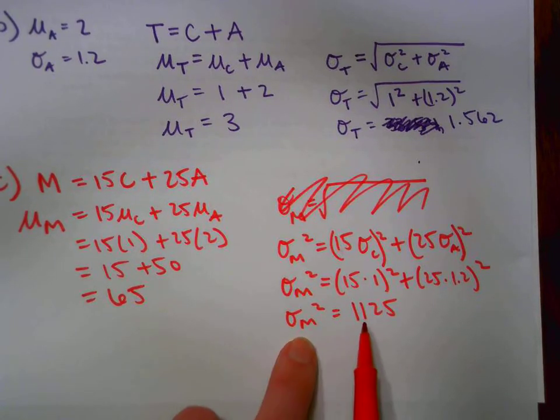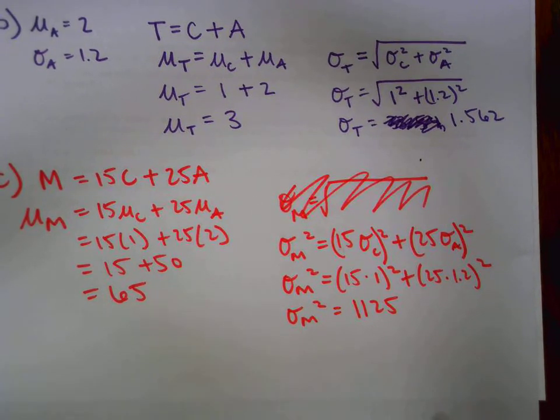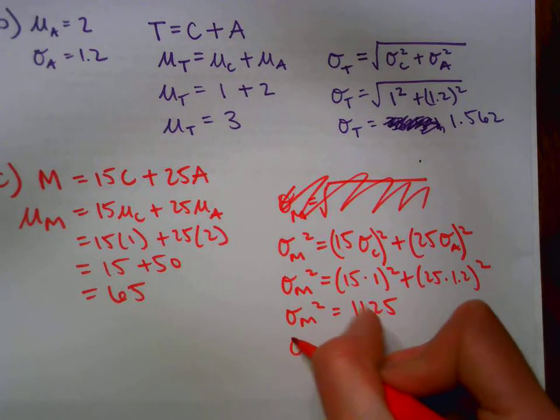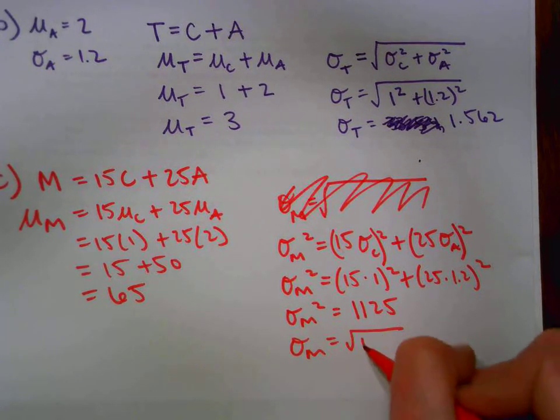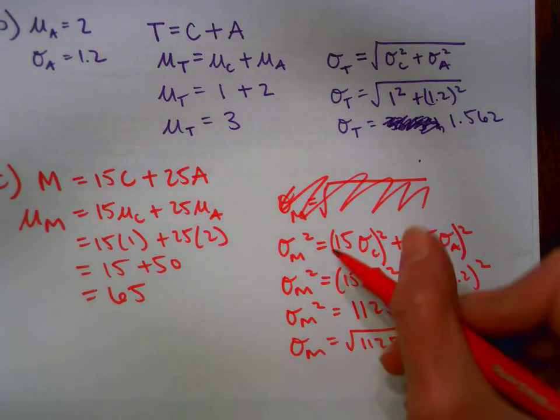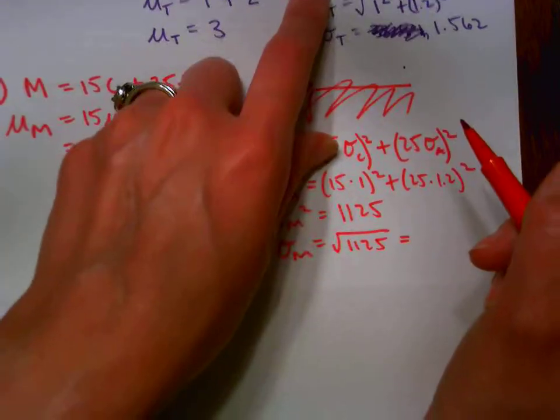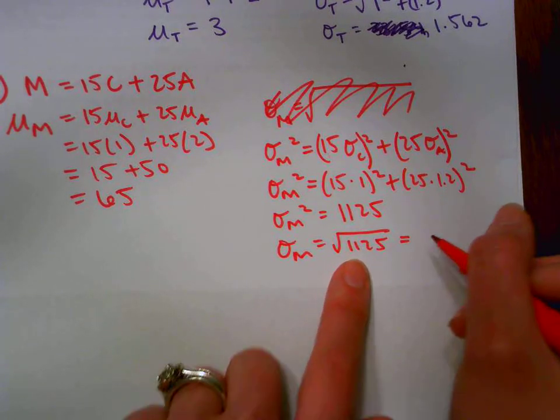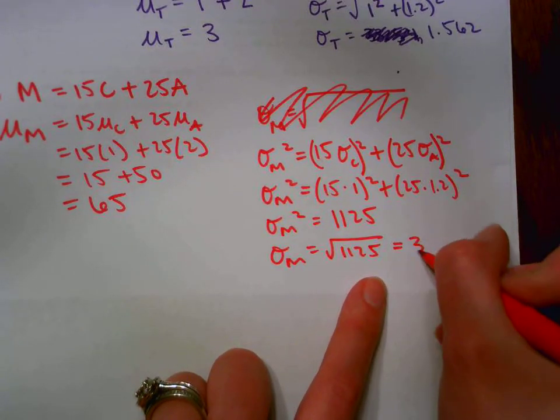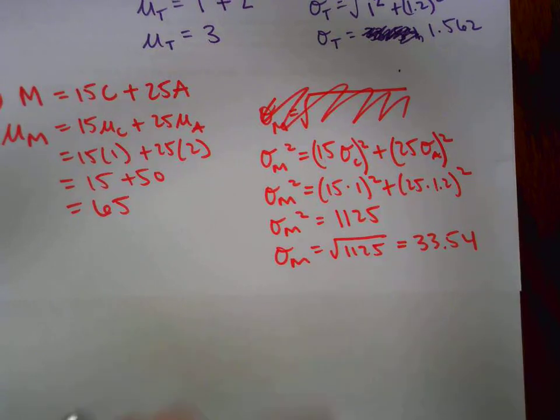So that is the variance of the total spent. So to get standard deviation, you have to square root it. So you could have originally just put that square root over here like we did here and just get standard deviation, either one. And if you square root that, that's where I was getting 33.54.